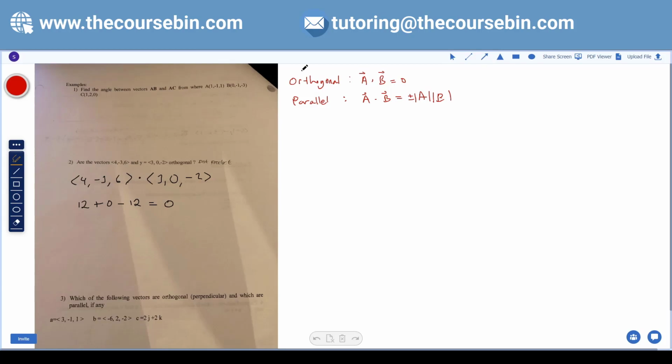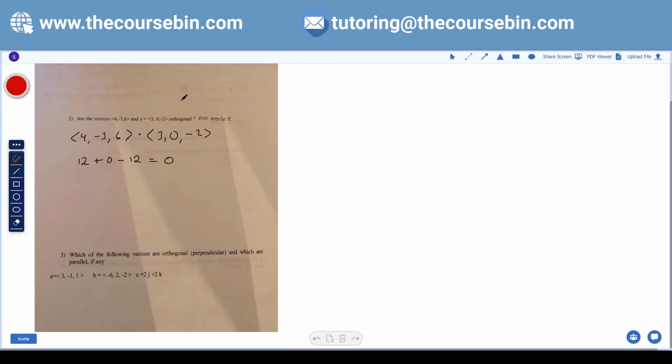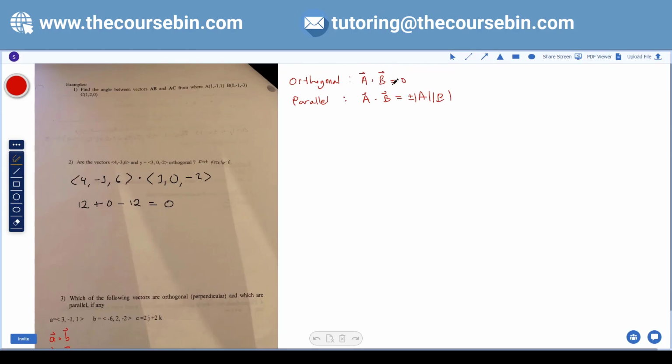Right, so this is how you would do it using the dot product. What we need to do is take A dot B, A dot C, and then B dot C. We need to take these three dot products, and then look at whether they fit the first definition here or this second one here.